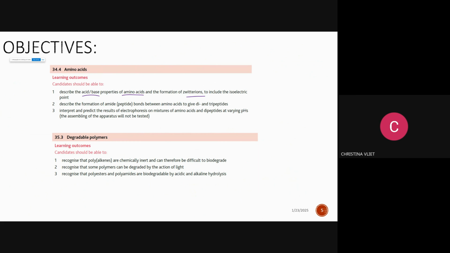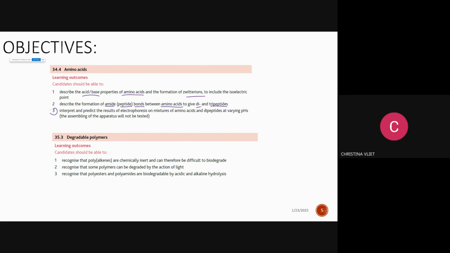It says describe the formation of amide bonds, which are also called peptide bonds, which if you studied biology, you have already seen how to describe peptide bonds between amino acids to give something called a dipeptide and a tripeptide. So we'll be doing that today. Interpret and predict the results of electrophoresis.